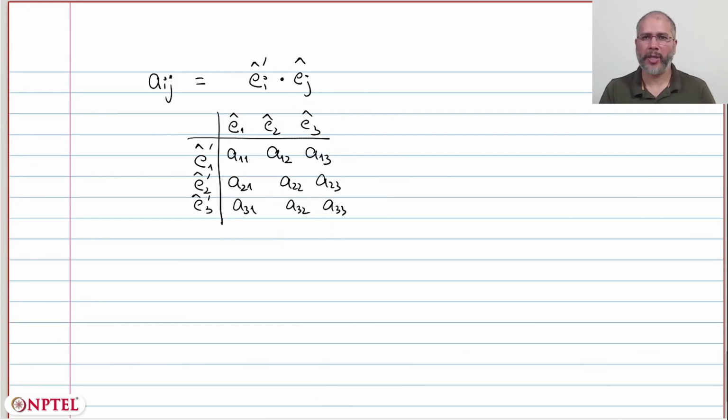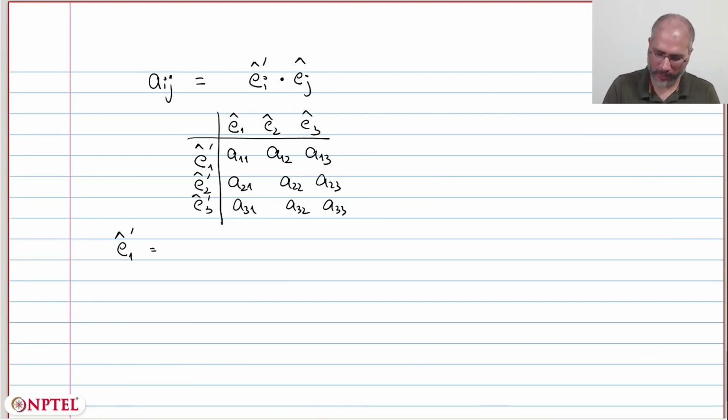So now we have an understanding of all the tools we require to proceed. So let's start with the actual derivation of writing the transformation rule. So first what we'll do is we will take the unit vector e1 prime and try to write it using the base unit vectors.